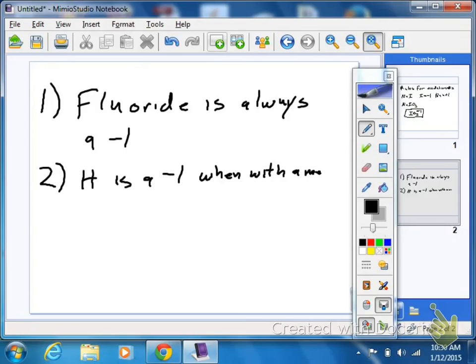And the reason for that is because metals tend to want to give up electrons, and hydrogen will accept them. But H is a +1 when it's with what? A nonmetal. Okay? So that's a rule you need to keep in line.